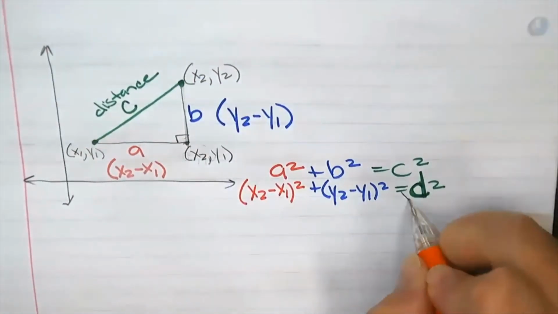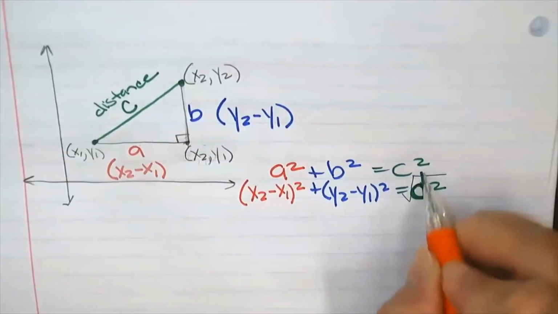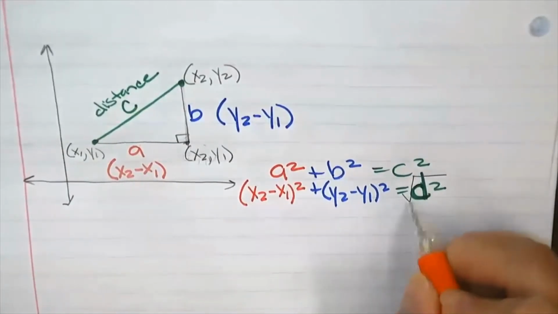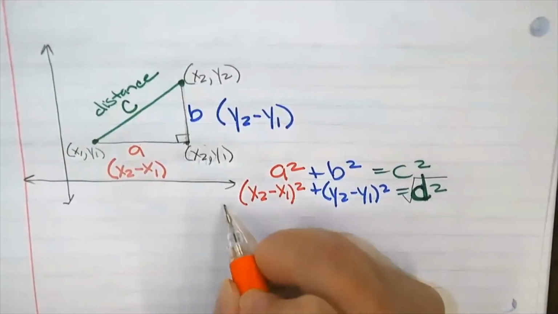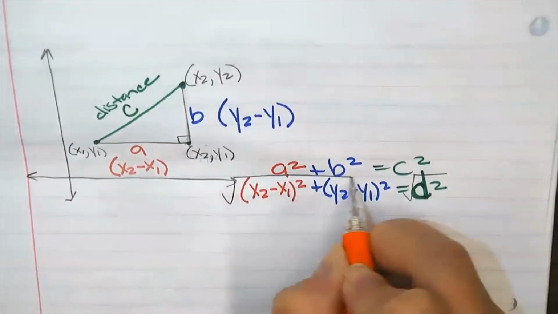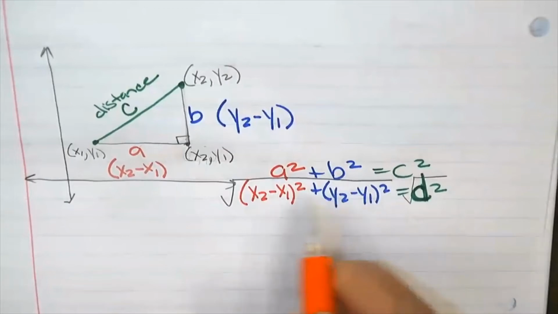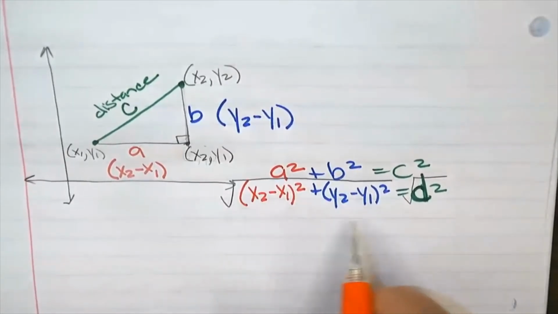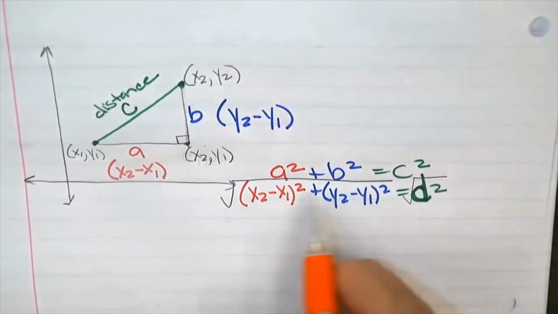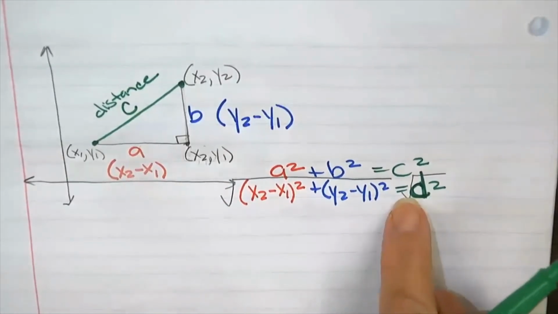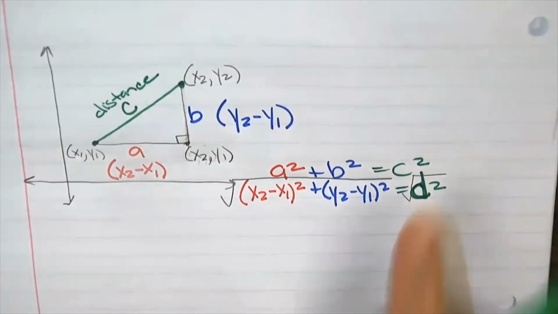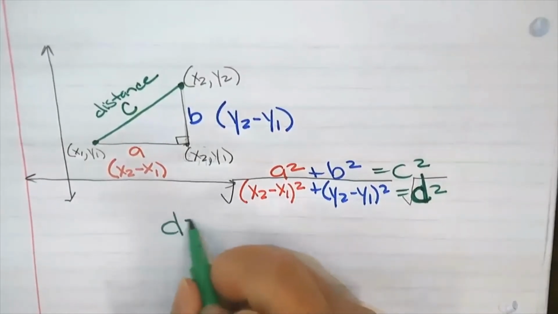So I'm going to take the square root of D squared, because now the square root and the square cancel each other. But what I do to one side, I must do to the other. This right here is our distance formula. So the square root and the square cancel each other, and I'm left with D.